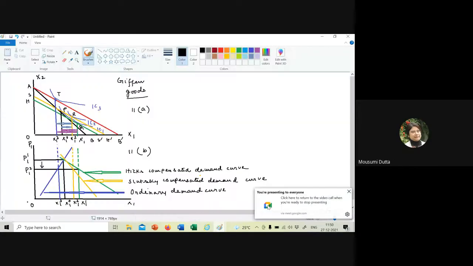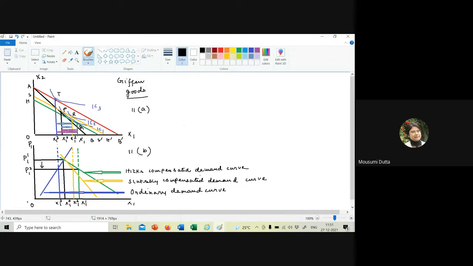So now the last thing: why is there a difference between Hicks and Slutsky when we are measuring the substitution effect? In the case of a normal good, it is greater, and in the case of inferior goods, it is lesser. Now, very carefully look at the difference between Hicks and Slutsky real income.